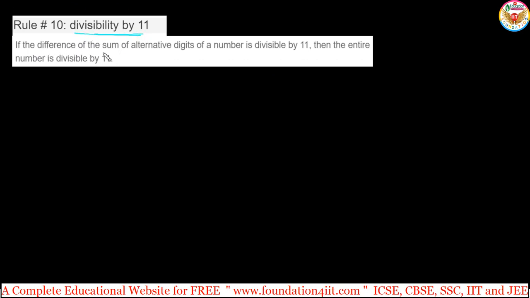The divisibility rule for 11 in the syllabus: if the difference of the sums of alternate digits of a number is divisible by 11, then the entire number is divisible by 11. Let us take one example, 90,816.